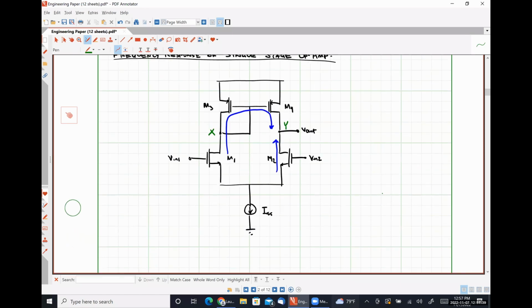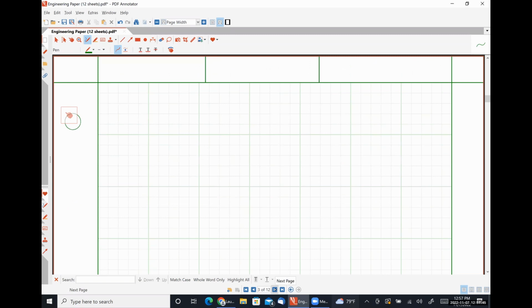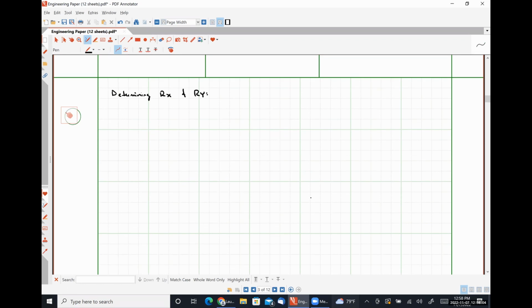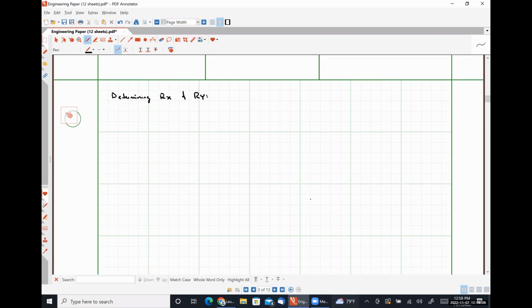So let's start by looking at the resistances. And to do this, we are going to look at our small signal model, determining Rx and Ry. So our small signal model, let's start here.